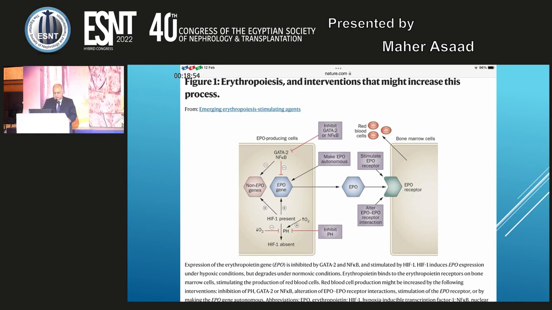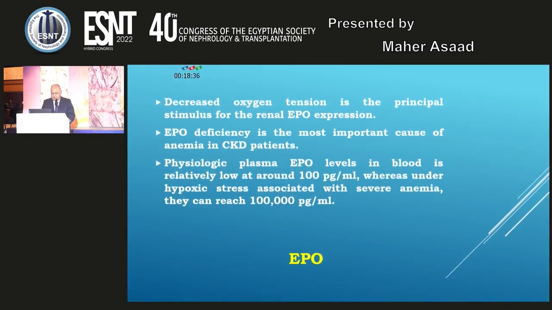When erythropoietin is secreted, it circulates in blood and reaches its target cells in the bone marrow, sticking to the erythropoietin receptor on the bone marrow cells and producing red blood cells. Decreased oxygen tension, as we said, is the principal stimulus for renal erythropoietin secretion.